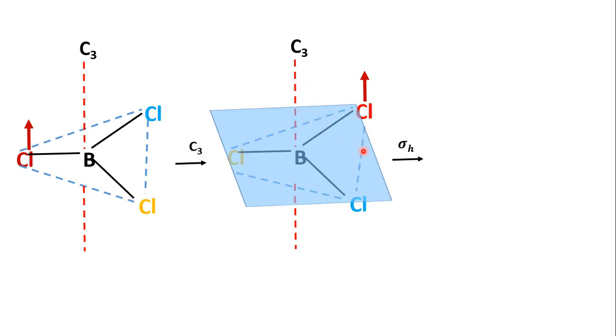It is the molecular plane, the plane cutting through all the atoms, that is boron and 3 chlorine atoms, dividing each atom into two halves. One half of each atom is above this plane and one half of each atom is below this plane. This is perpendicular to the C3 axis, and since it is perpendicular to the principal axis, this is known as a sigma h plane.